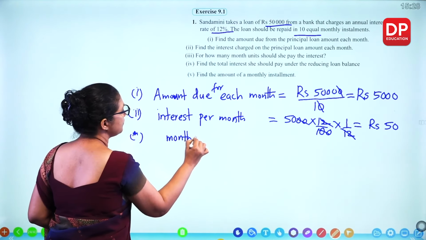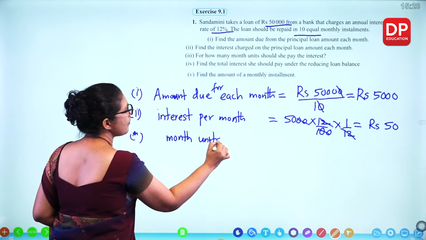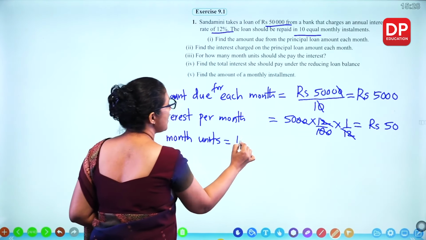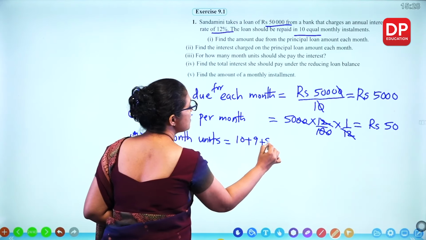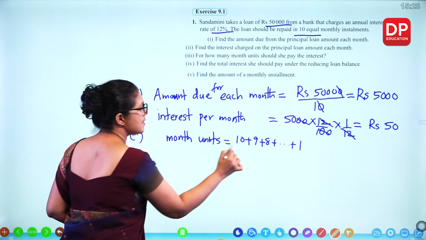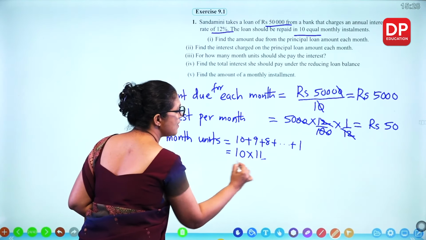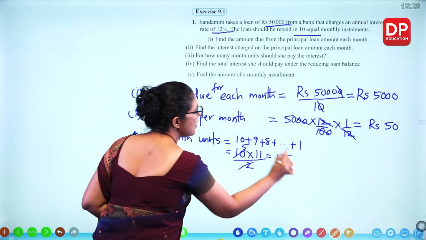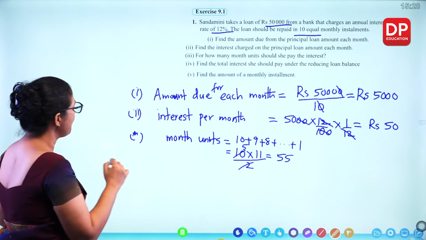Then the third part, for how many month units should she pay the interest? Month units. So this is 10 equal monthly units. So 10 plus 9 plus 8 plus up to 1. So what's the easiest way to do that? 10 times 11 divided by 2. So 55 month units are there.